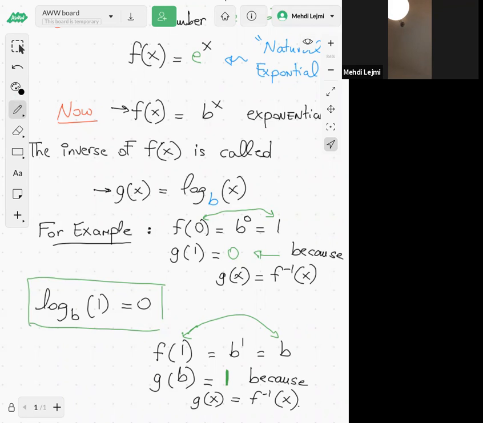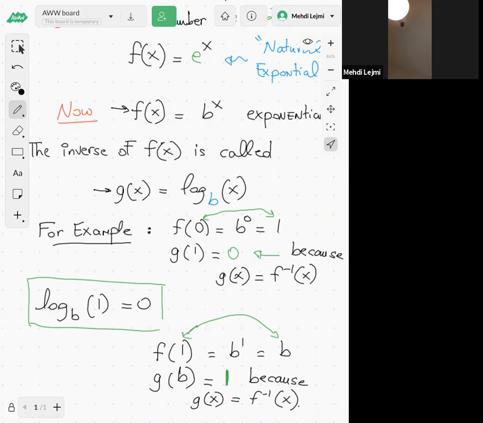Remember, we had a problem in some homework which says f of 1 is 5, then f inverse of 5 would be 1, right? So you just switch the input with the output. That's exactly the same thing here, because log is supposed to be the inverse of the exponential.